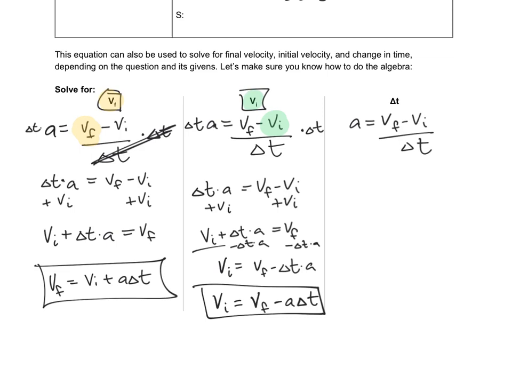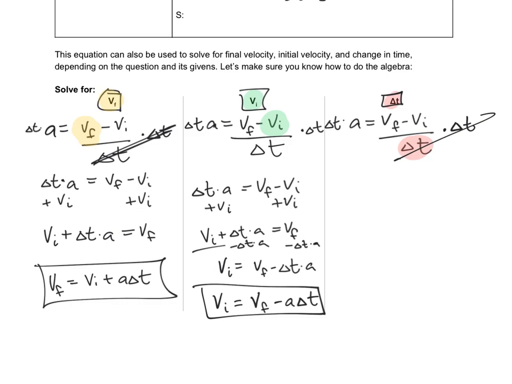And our last thing is solving for delta t. Solving for delta t is a little bit more difficult because it's in the bottom. So anytime a variable that you're solving for is in the bottom, you have to get it out of there. Have to get rid of it from the bottom and put it on the top somewhere. And we do that by multiplying by delta t on both sides.